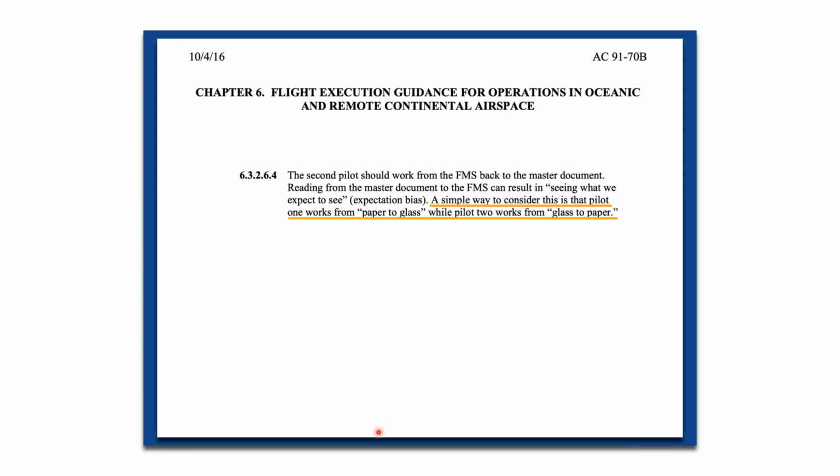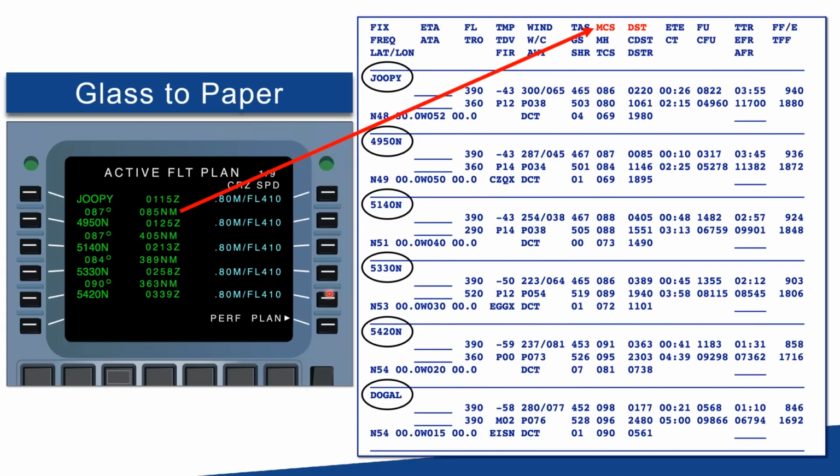The other pilot would then take the MCDU or the ECDU, as appropriate, and he'll check the mag course and distance between these 2 points. Now in this particular flight plan format, obviously there are a lot of different flight plan formats, mag course and distances are up here.